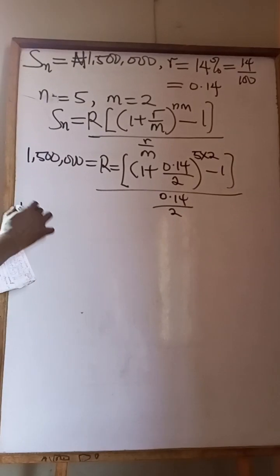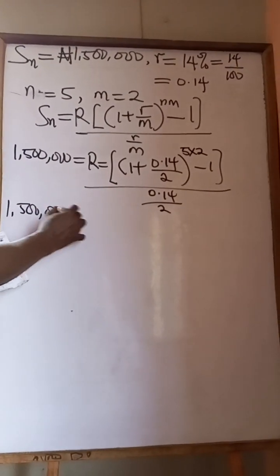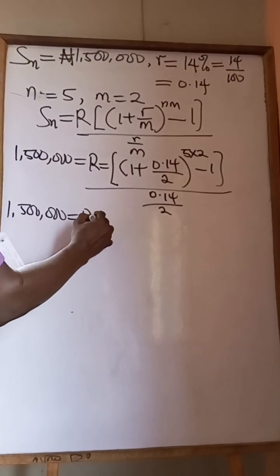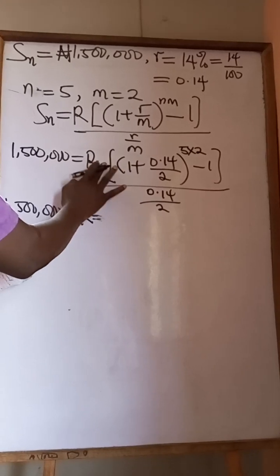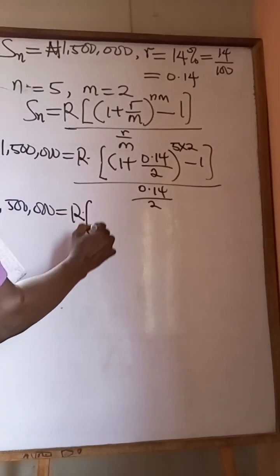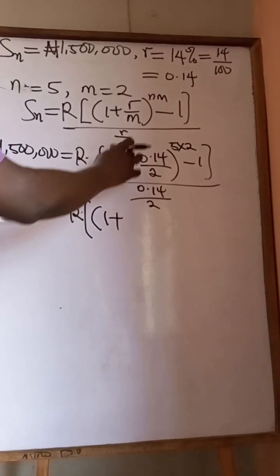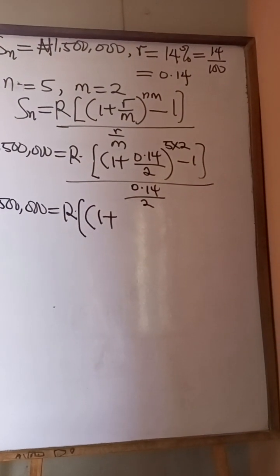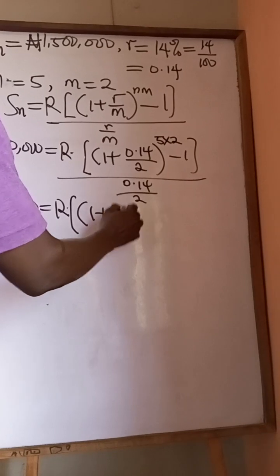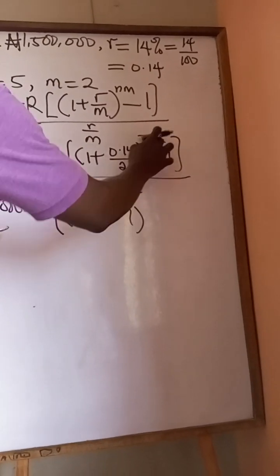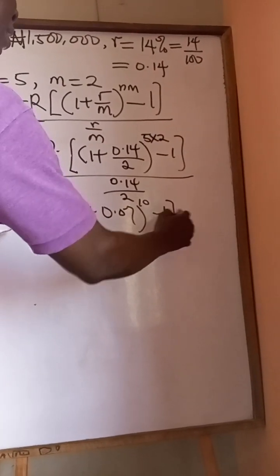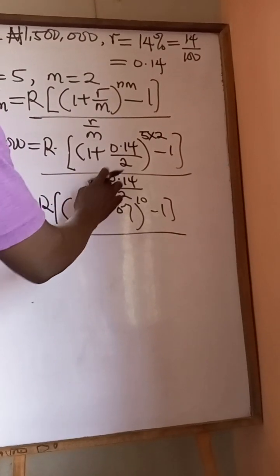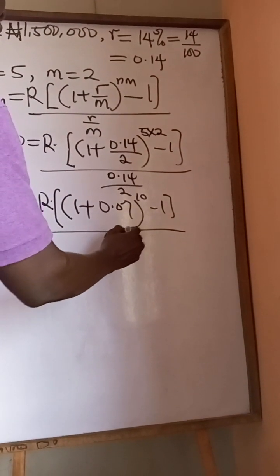Then 1,500,000 equals R, open bracket, we have 1 plus. Divide this by 2, we have 0.07. 5 times 2 gives us 10, minus 1, all over 0.07.